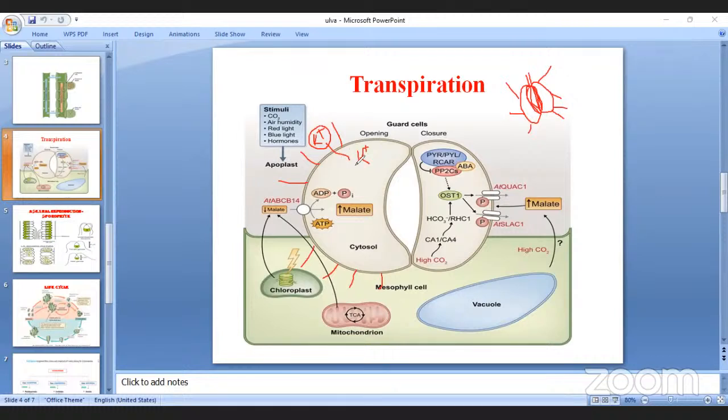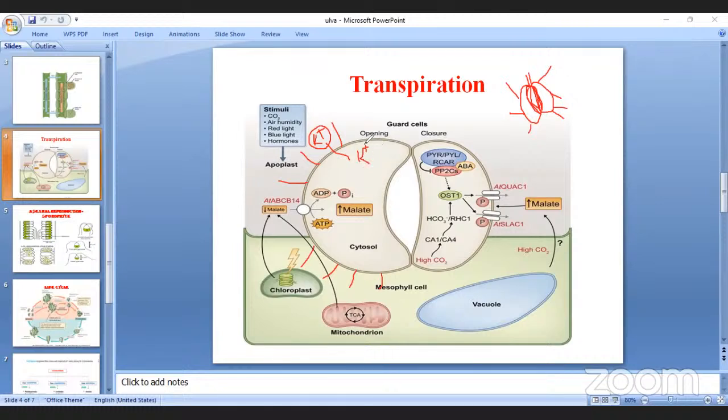This, coupled with efflux of protons, leads to an increase of pH of the guard cells. The accumulation of K plus ions into the guard cells is associated with passive influx of Cl minus, thereby decreasing the water potential.